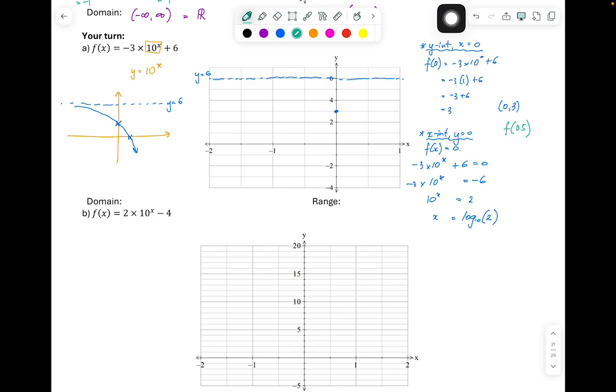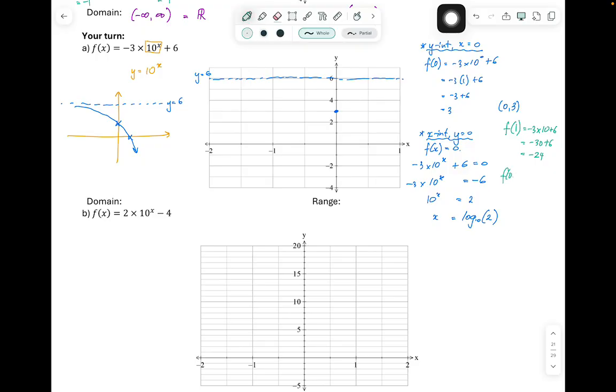Or we can find out what the value is when x is equal to 1. I'll do that first. So -3 times 10 to the power of 1 is just -30. That's -30 plus 6, which gives us -24. So that's all the way down here at x equals 1. Our y value is somewhere all the way down here.